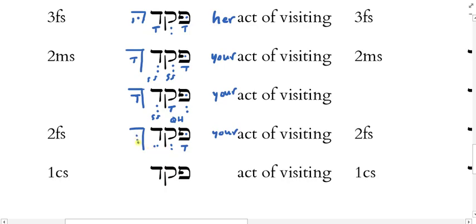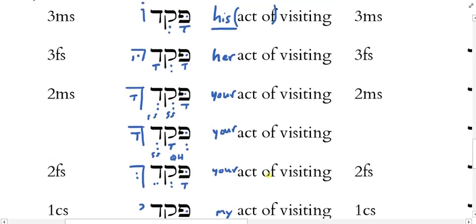Remember that silent shva there is 2fs, kametz with the final kaf, 2ms. So, hey woman, your active visiting is wonderful. Poke-dech. And then my active visiting is poke what? D. That's right, the good old hireq yod for my. So this is my act of visiting, poke-di.